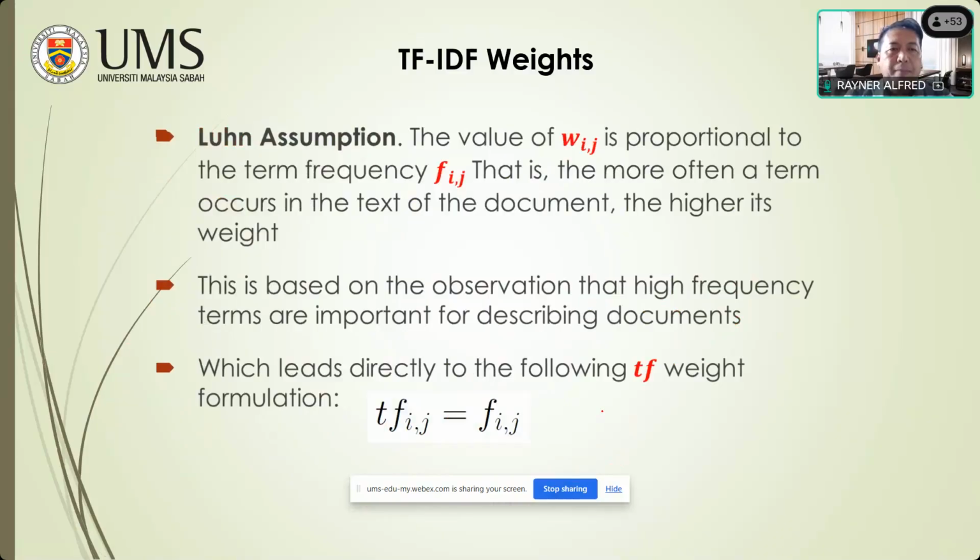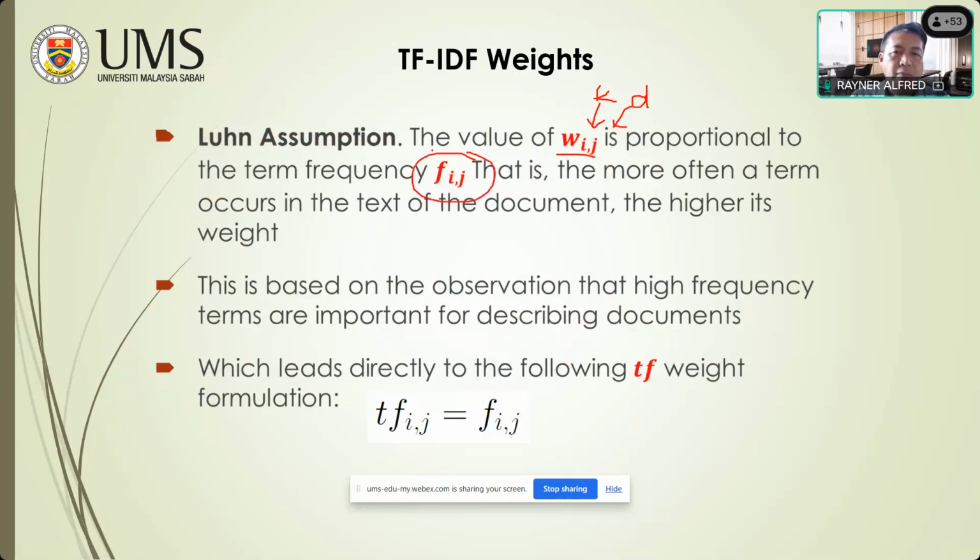Okay, so based on the learned assumption, the weight of a key I in the document J, so this is your key, this is your document, is always proportional to the term frequency. So meaning that we are looking at the term frequency here.